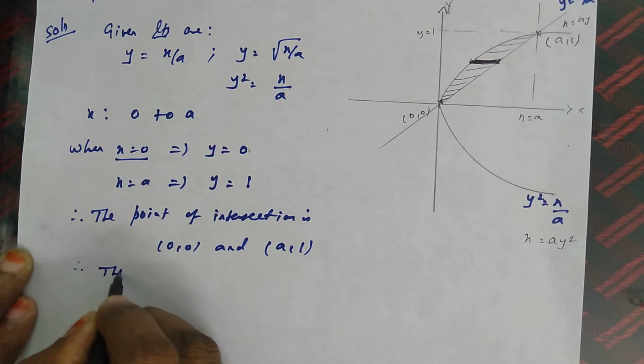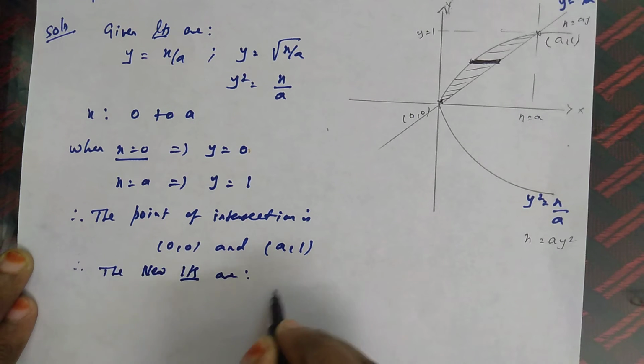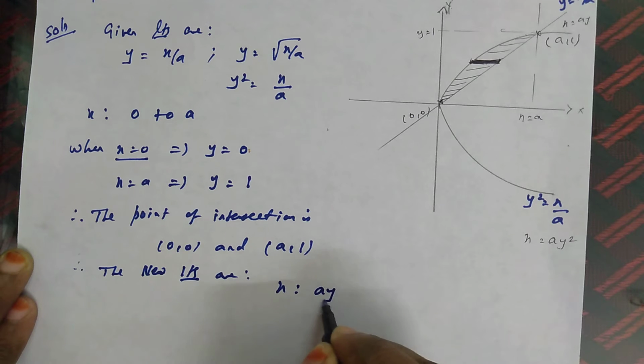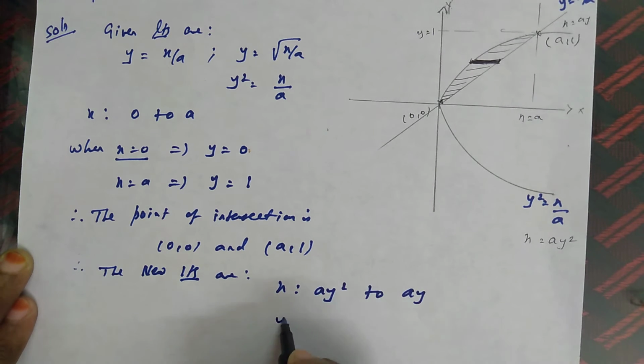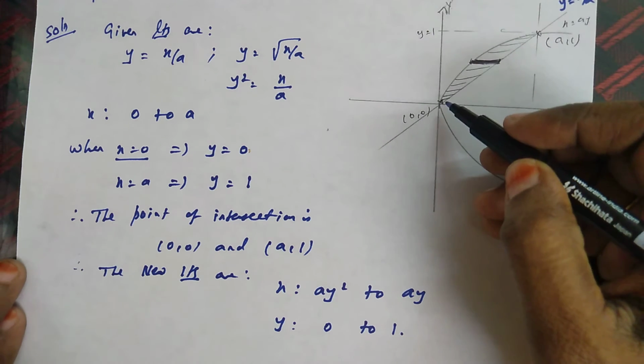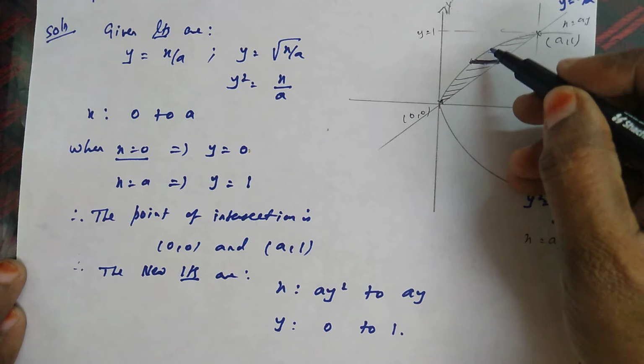Therefore, the new limits are x starts from a y square to x is equal to a y. At the same time, our y varies from 0 to 1. If you are not able to see y equal to 0 to 1 from the diagram itself, to find the y limit you can take a vertical strip like this.